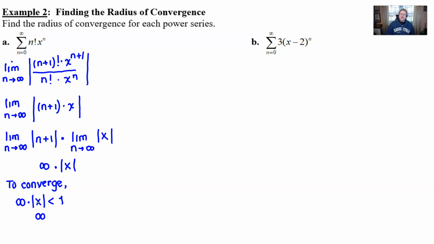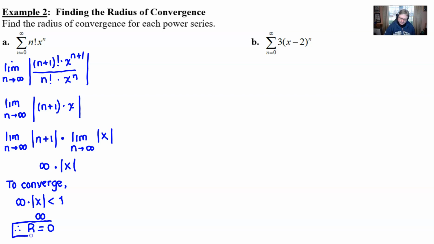That means that we've lost any possibility to be convergent, except for the one place where we're guaranteed to be convergent. So in this particular case, this particular problem is only convergent where it's centered. So the answer for the radius of convergence, the capital R, we're going to get 0.